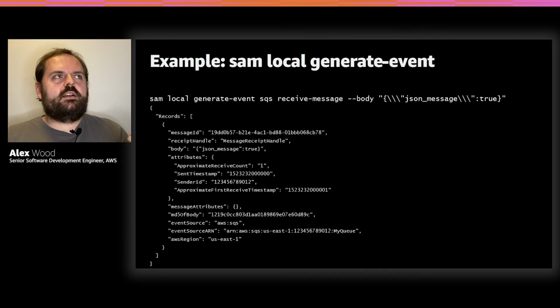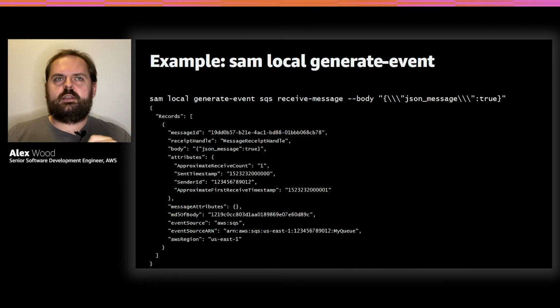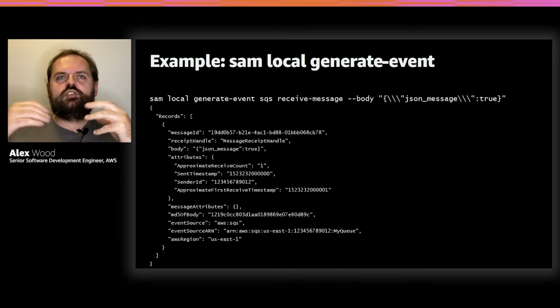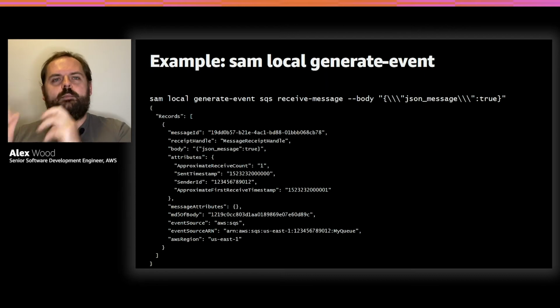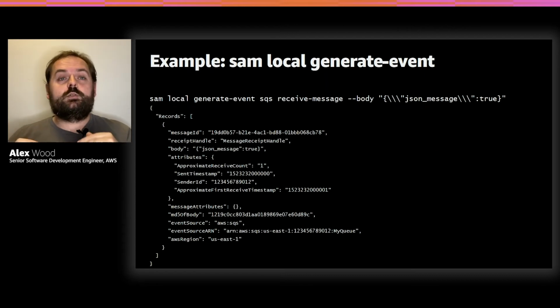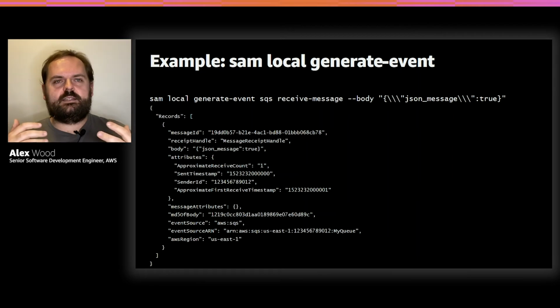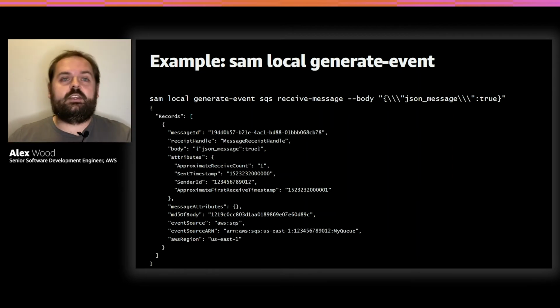And this is where the SAM local generate-event command comes in. What we have here on screen, the JSON below is less important. The emphasis here is on the generate-event SQS receive-message command. We have a number of different service integrations and possible events, which also include options that you can specify to customize different values that you care about, and you can produce a JSON file that you then go and edit as desired.